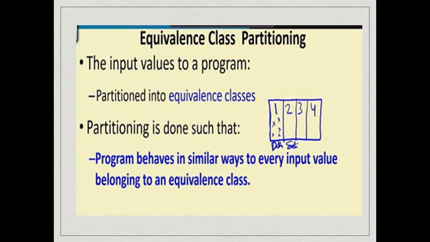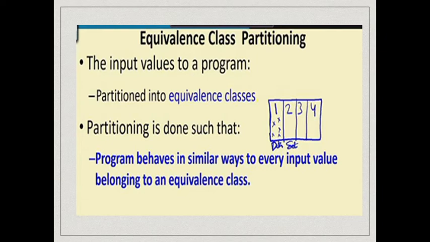So if this is the set of inputs to the unit, we identify equivalence classes in the input. Let's say this is equivalence class 1. This is the data set, or the data domain of the function, and we have partitioned it into equivalence classes 1, 2, 3 and 4, etc. For each equivalence class, all the inputs should execute the software in a similar way.